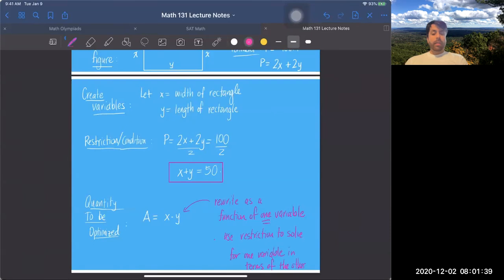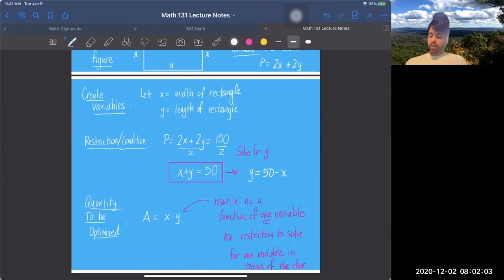You guys see that? I can take the restriction x plus y equals 50, and I'm going to solve for y. I'm going to get y by itself. And when I do that, what do I get? I get y equals 50 minus x. Now, why is this better?